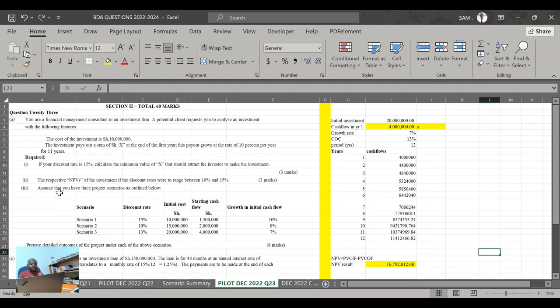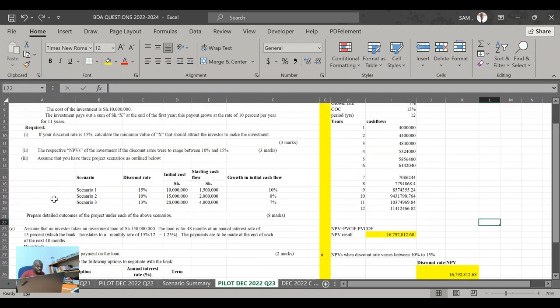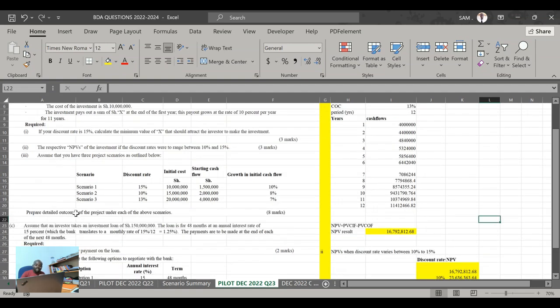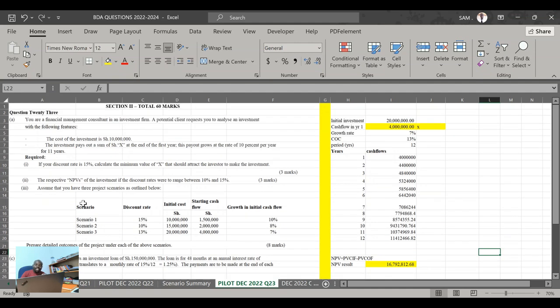Now, today I would want us to dive deeper. And before I go to the next bit, in Roman number 3, part A, we did scenario manager. And when we did the scenario manager, I explained to you in bits the circumstances when you use goal seek, the circumstances when data table applies, and where goal seek and data table cannot be used.